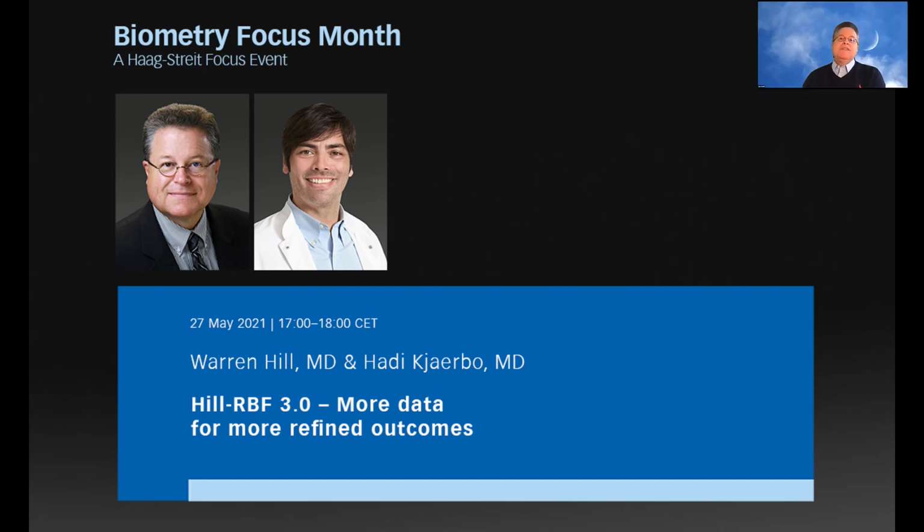Sure. Well, what this does is it opens up some new options for us. Occasionally, all of us will see eyes with unusual anterior segments, say a small white to white and a deep anterior chamber, big lens thickness, things that we normally don't see. And all of these parameters, whether it be keratometry, axial length, anterior chamber depth, lens thickness, white to white, do follow a distribution.